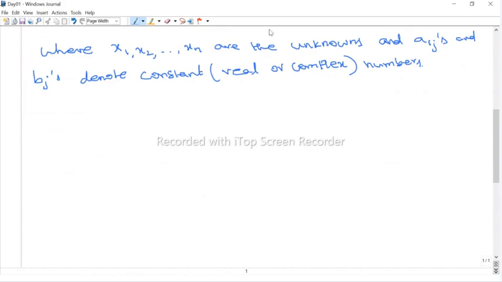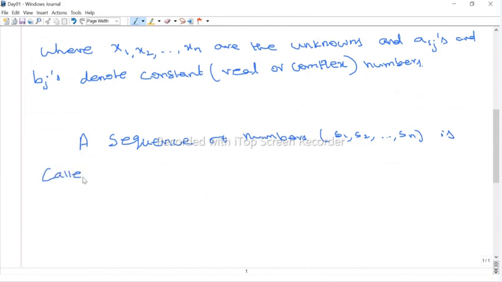So a solution is an n-tuple, that is, a sequence of numbers s1, s2, etc., sn. A sequence of numbers is called a solution if it satisfies all the equations simultaneously. It is called a solution of the system.